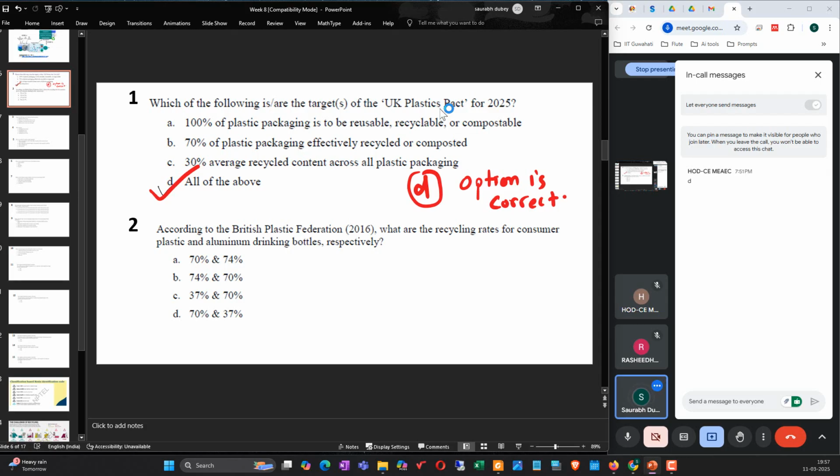Please attempt this question. Option A is 70%, 74%. Option B is 74%, 70%. Option C is 37% and 70%. And option D is 70% and 37%. So please attempt this question.